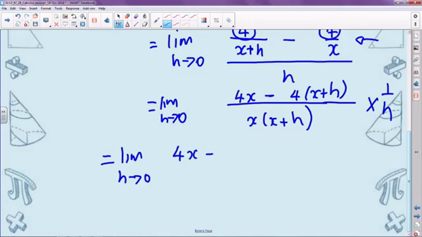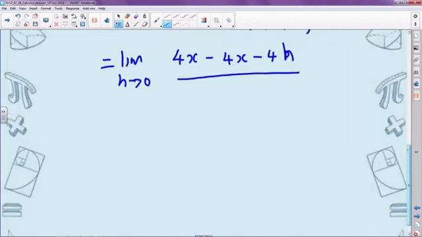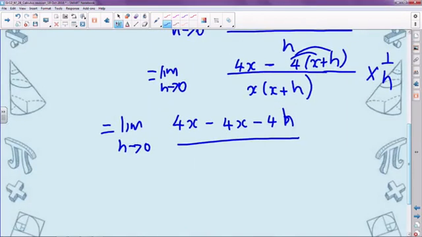4x minus, I multiply the 4 into the bracket. So I get minus 4x minus 4h all over. The h is now multiplied to the x and the x plus h that's already in the denominator. So it looks like this.